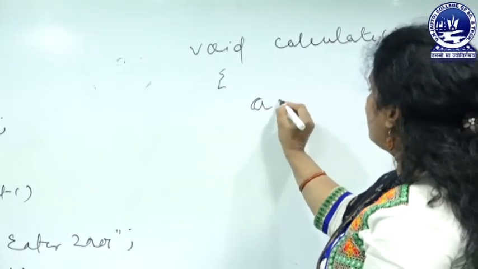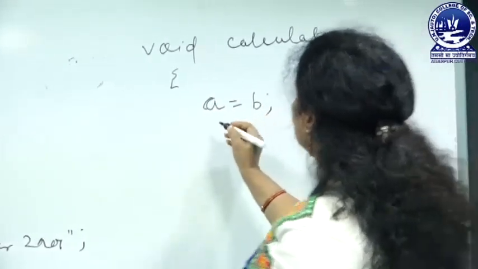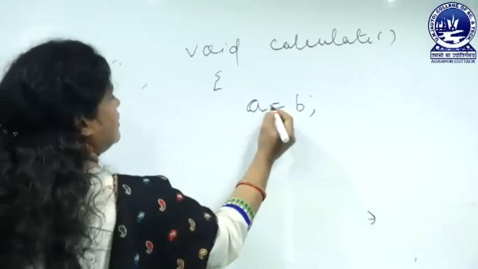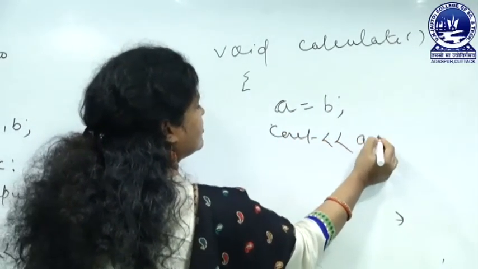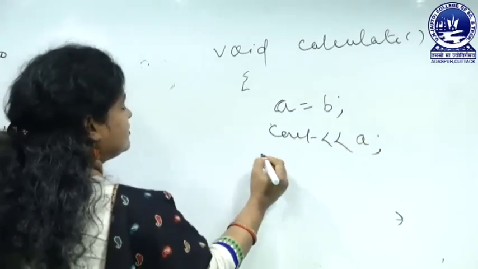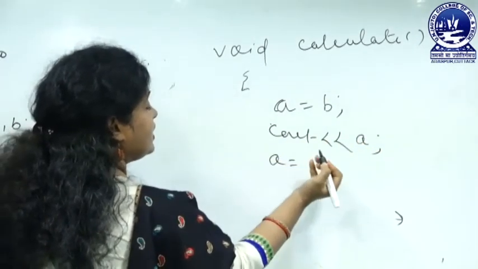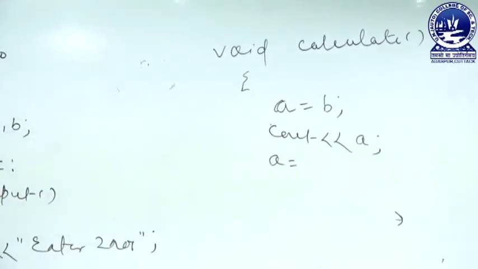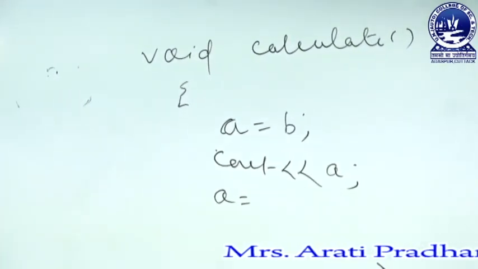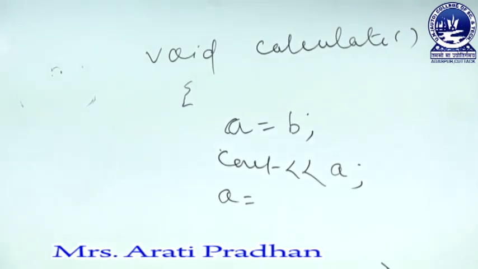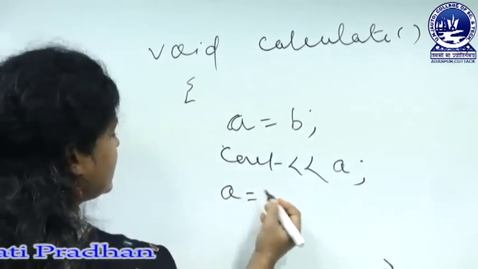Suppose A equal to B, cout A, then here we have to enter some other values because in this case both A and B values are equal, but if we use the same value also it will not be a big deal.